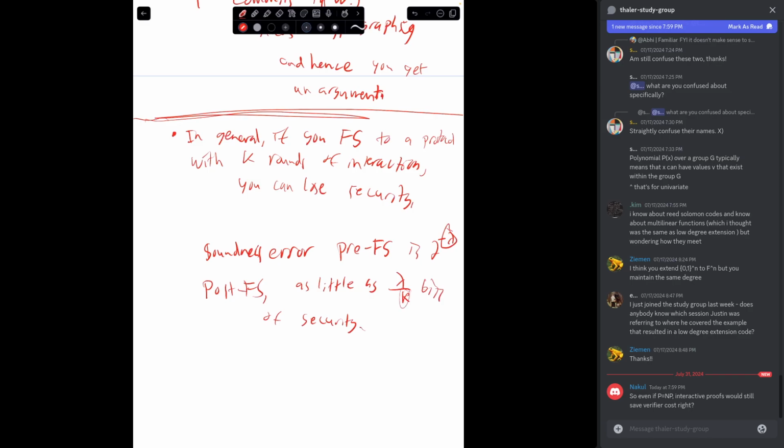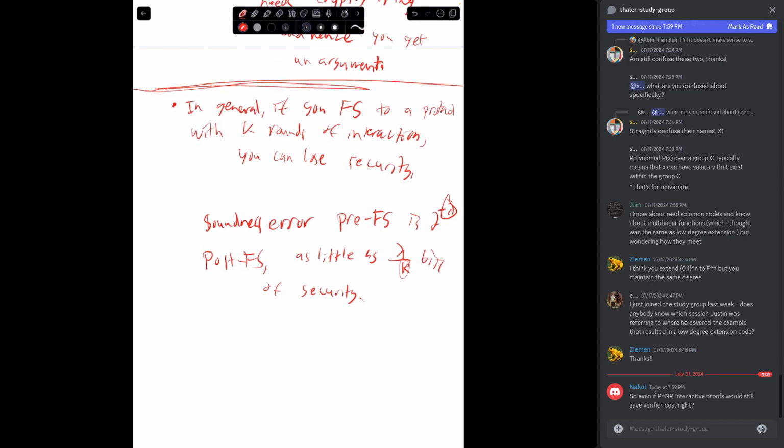That is totally insecure. 2 to the 64 hash evaluations you could maybe do on a laptop, and certainly on an Amazon cluster. So in general, Fiat Shamir does not preserve security.